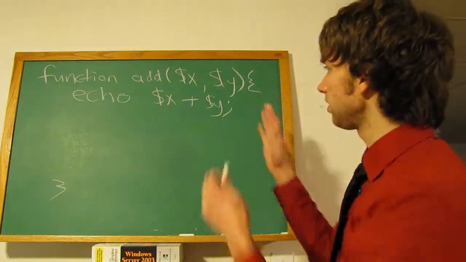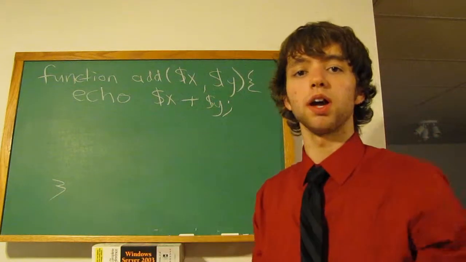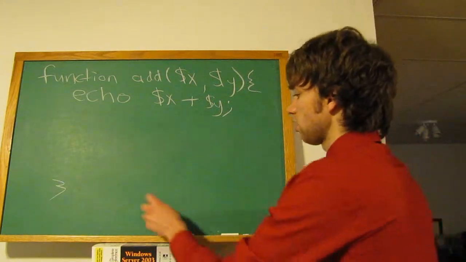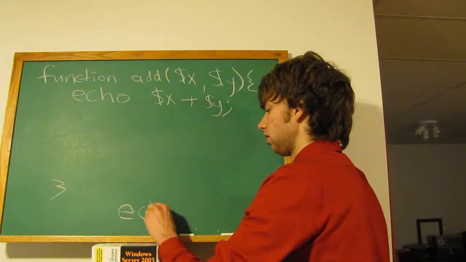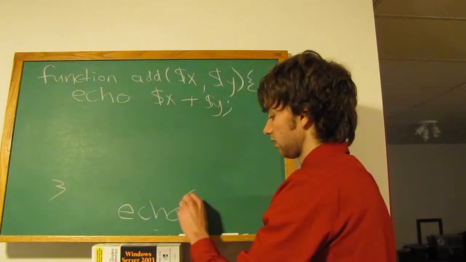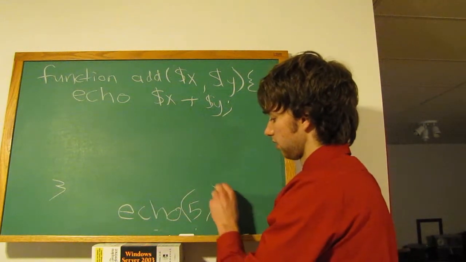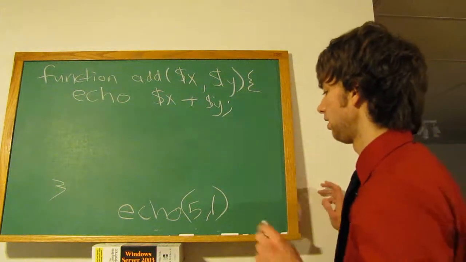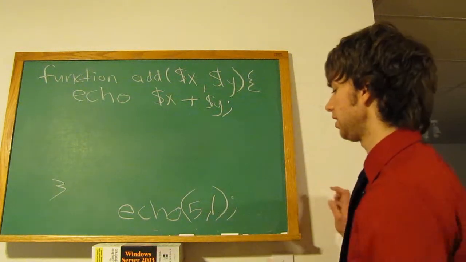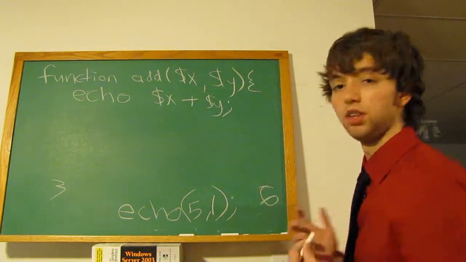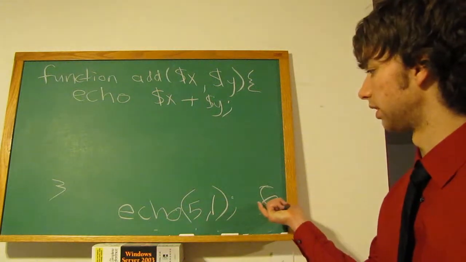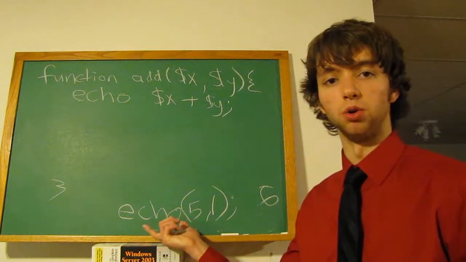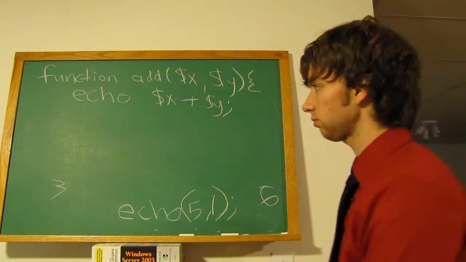This is going to take these, add them together, and then echo it out to the screen. So when we call it, it's going to look like this: add 5 and 1, and on the screen it's going to show up as 6 in the web browser. This is what the user is going to see. This is the PHP code to get that answer.